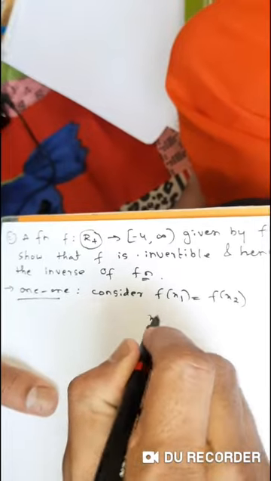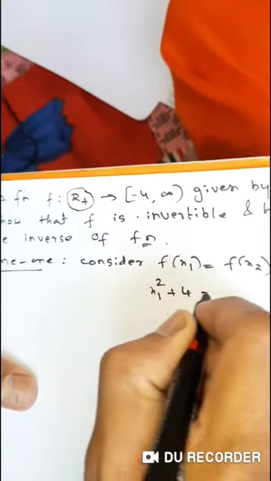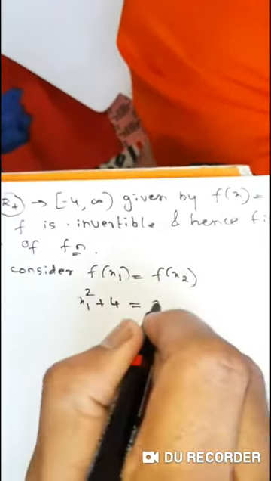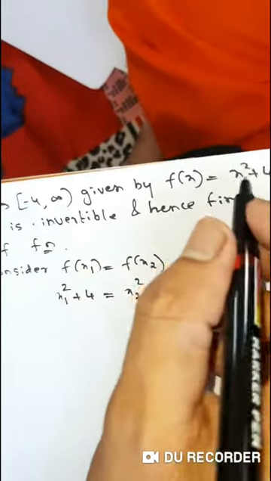f of x1 is x1 square plus 4, f of x2 is x2 square plus 4, because f of x is x square plus 4.